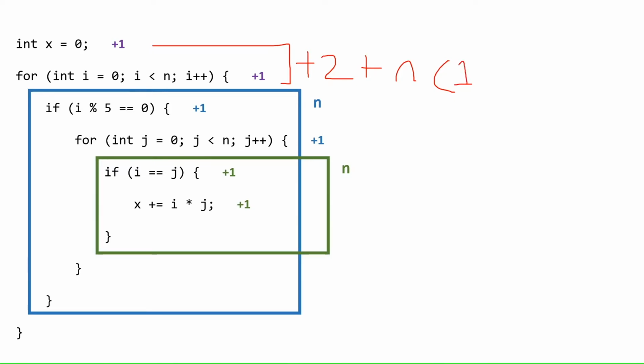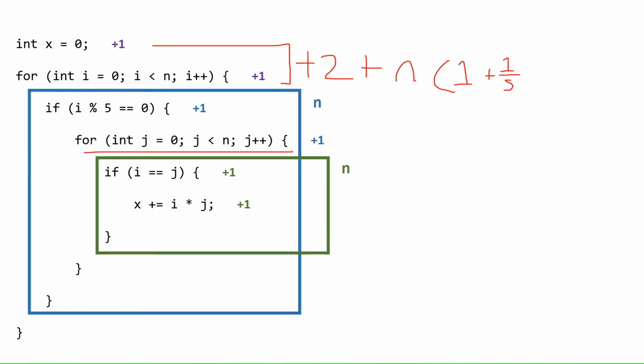However, because we have a conditional, this line will not execute every time we go into the loop, and it'll actually only execute 1/5 of the time because it only goes into this if statement if i mod 5 is 0, so every 5th number. So we're actually going to add 1/5 of a calculation.